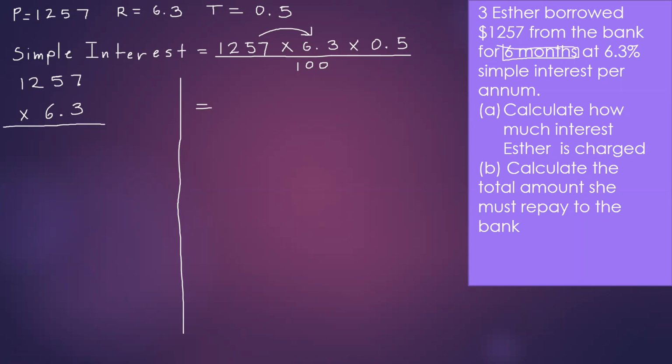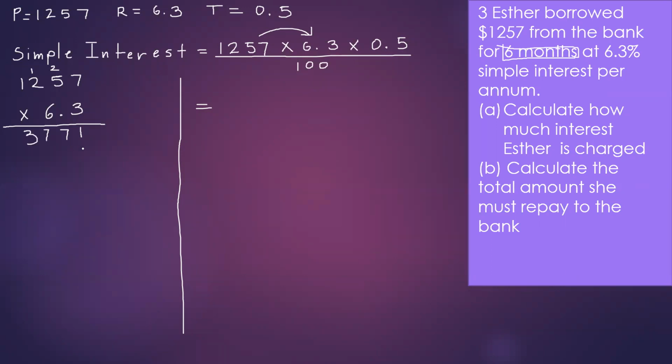All right, what is 3 times 7? 21. Put the 1 down, put the 2 up. 3 times 5 is 15 plus 2 is 17. Good. What's 3 times 2? 6 plus 1 is 7. Good. And 3 times 1 is 3.